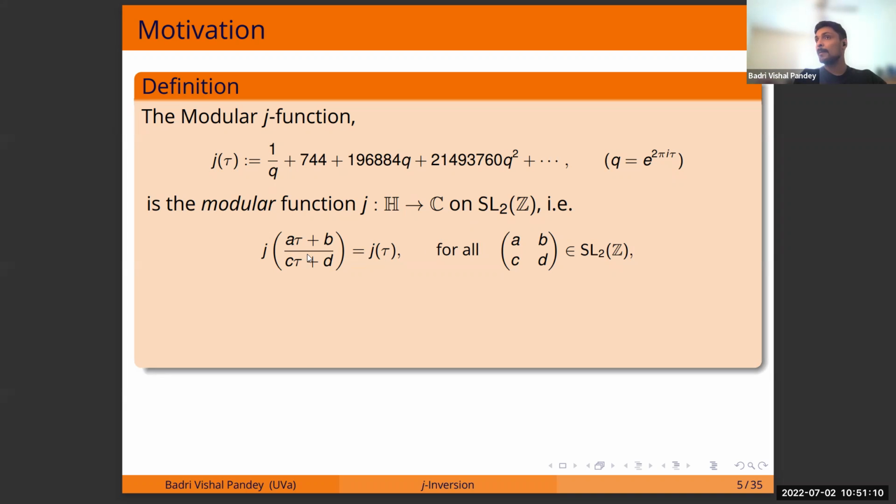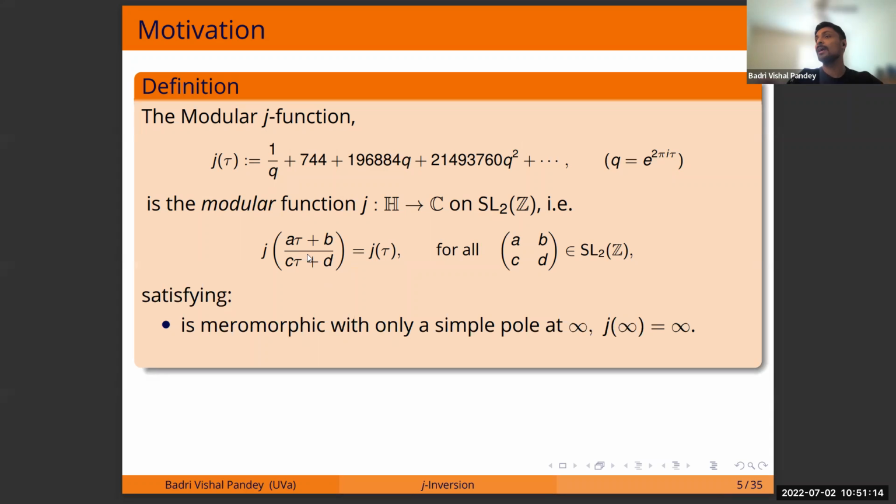And it satisfies the following two properties. First, it is a meromorphic function with only one pole at infinity. When we're talking about modular functions and infinity, we are actually considering i infinity, so y approaches infinity.